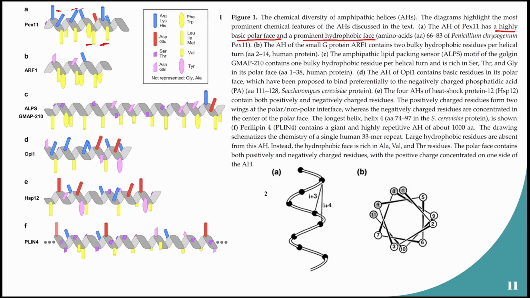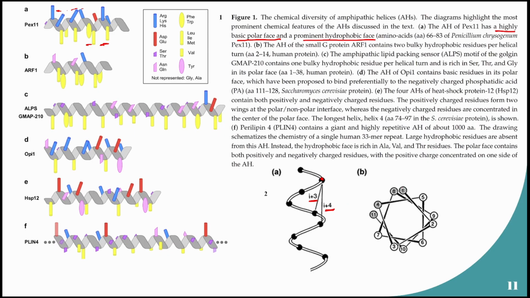If you look at these two figures on the right bottom, figure A and figure B, these particularly indicate the pattern of the hydrophobic and hydrophilic amino acids being present. In this case, the pattern for the hydrophobic amino acids being spaced from one another seems to be I+3 or I+4.